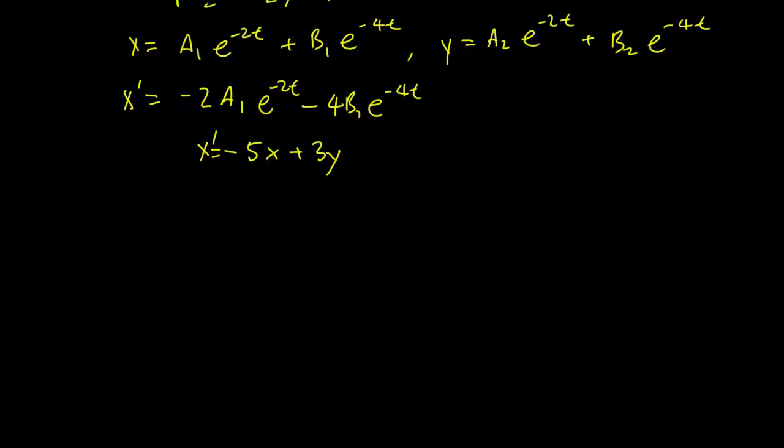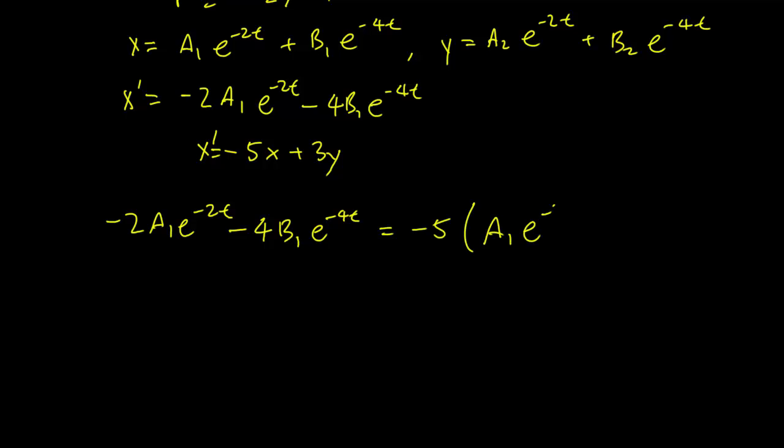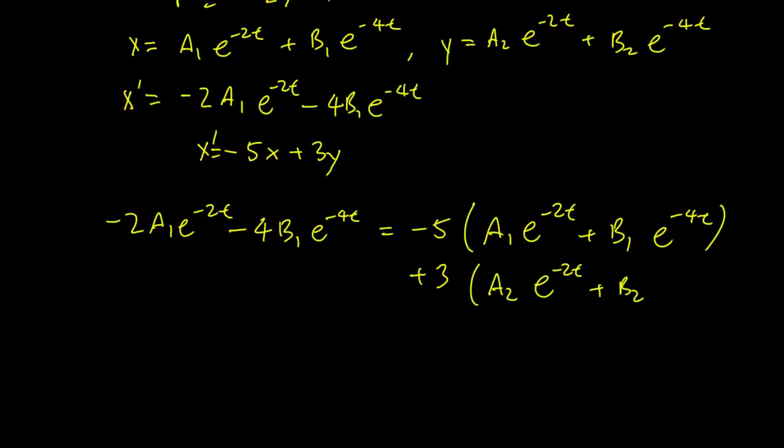So x' is -2a1 e^(-2t) - 4b1 e^(-4t) = -5x, where x is a1 e^(-2t) + b1 e^(-4t), plus 3y, which is 3(a2 e^(-2t) + b2 e^(-4t)).